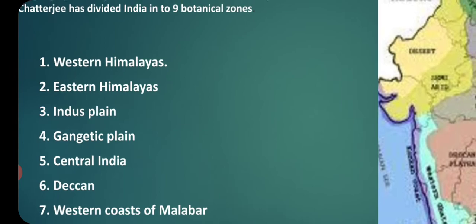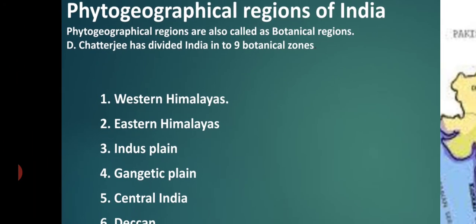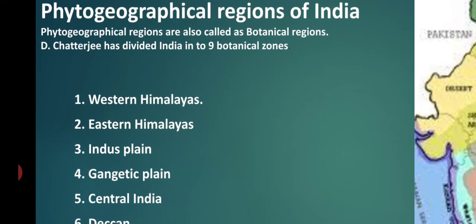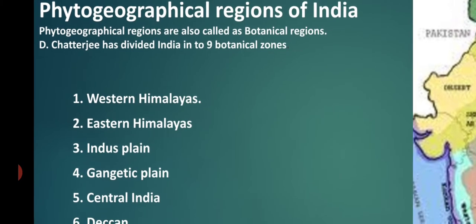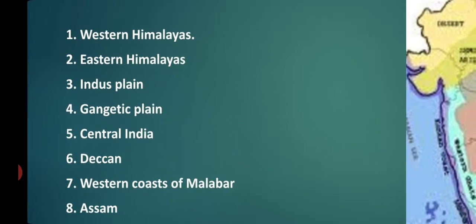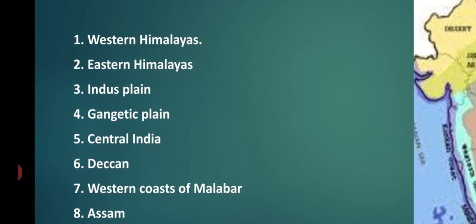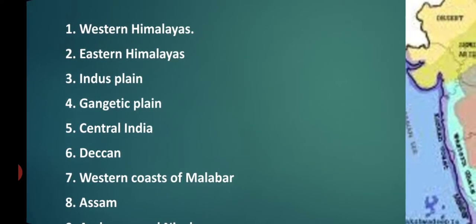According to D. Chatterjee, he divided India into 9 botanical zones, namely Western Himalayas, which is divided into 3 separate zones, that is submontane zone, temperate zone, alpine zone, and Eastern Himalayas, which is also divided into alpine, temperate and submontane zones.